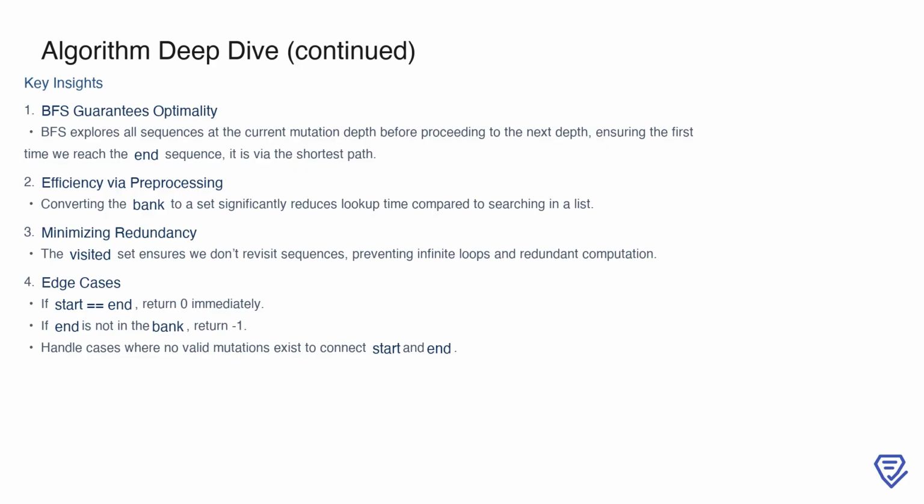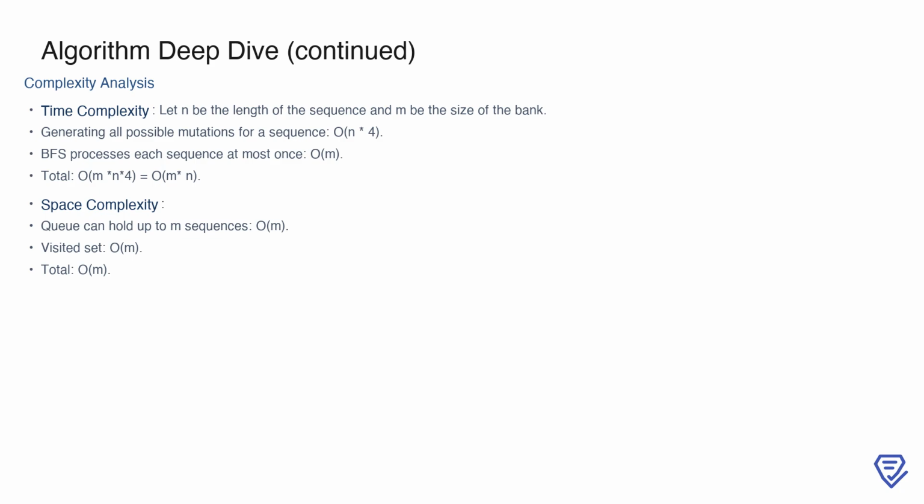Third, the use of a visited set ensures minimal redundancy, preventing cycles and unnecessary computations. Finally, it's important to handle edge cases appropriately, such as returning 0 when the start and target sequences are the same, or -1 when the target is not in the bank or when no valid mutation path exists between the start and the target.